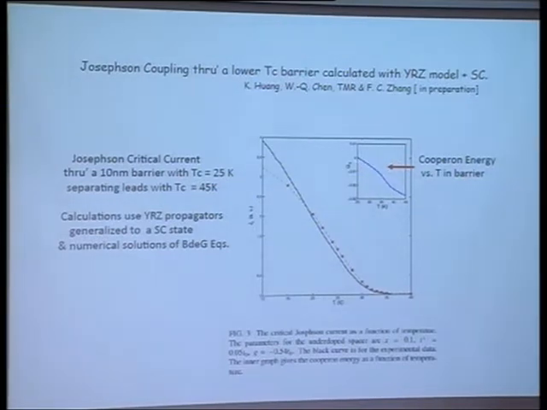Now we use these Green's function type propagators with an additional attraction in the D-wave channel to get the superconductivity, but in the normal state of the barrier, above the 25 Kelvin, this form here does give just such a Cooperon. This is the energy of the Cooperon dispersing downwards, namely as it moves away from the chemical potential up to finite energy as one goes further above the superconducting state.